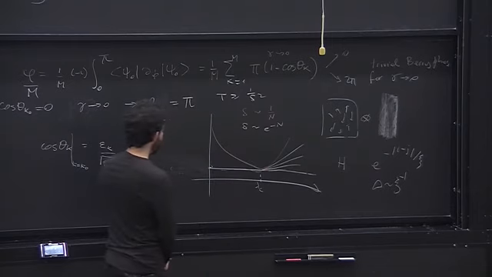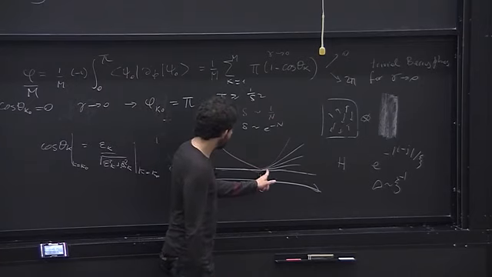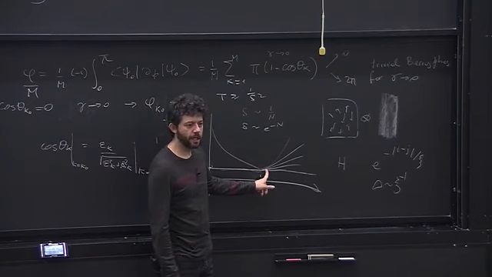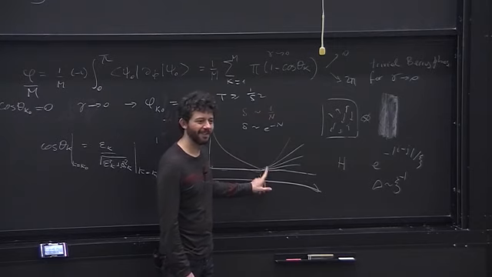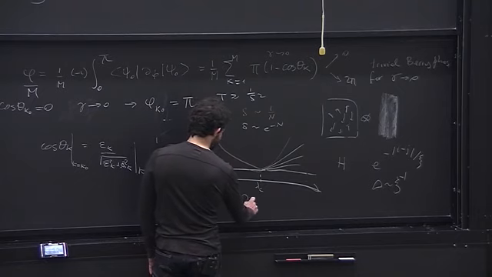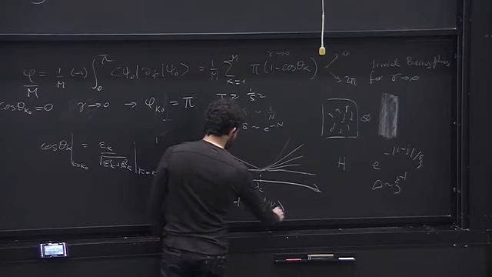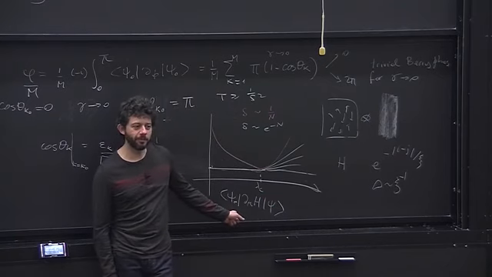However, in the example that we will see, these tunnelings are forbidden not because of the gap, even though the gap is very, very small, but because this coupling is also exponentially small.